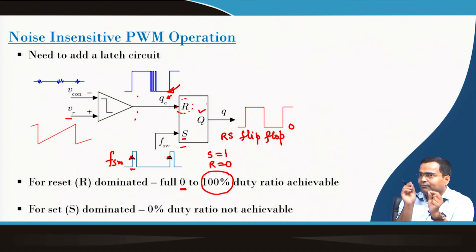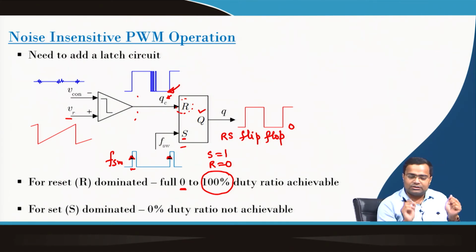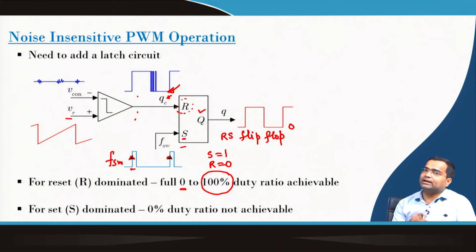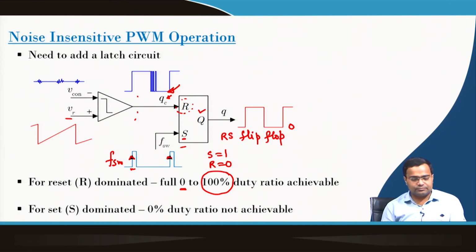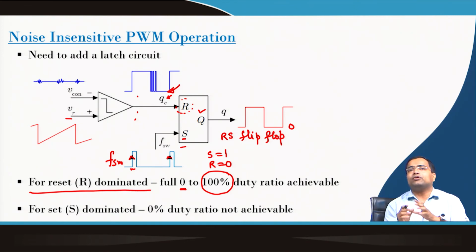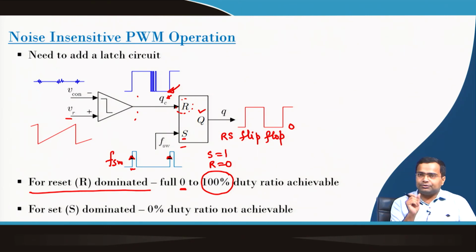So, it will turn on for a very short time, that means you will not get 0% duty ratio. So, reset dominated logic is used if you want 0 to 100%, but if you want to limit the duty ratio to a minimum value, that means you do not want to go to 0%, then you can use set dominant logic.